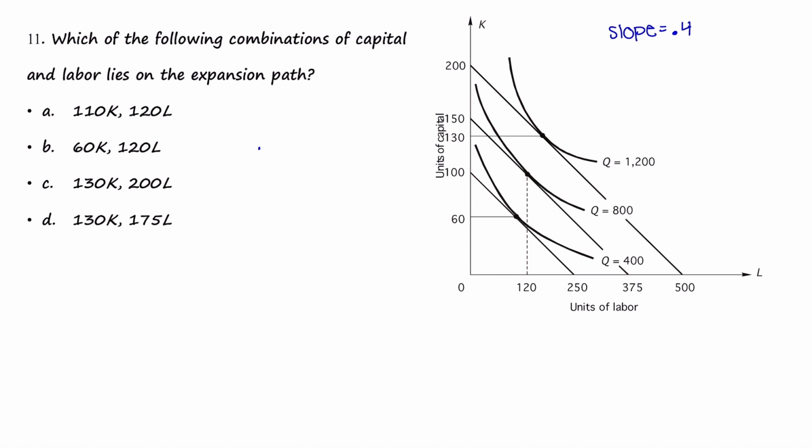So I'm going to do 200. So K equals, if we start here, 200 minus 0.4 L. If we're trying to find the point on the expansion path for this line, and we substitute one of our points in, and we do 130 equals 200 minus 0.4 L. We subtract 200 from each side.